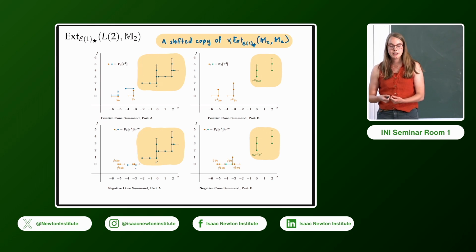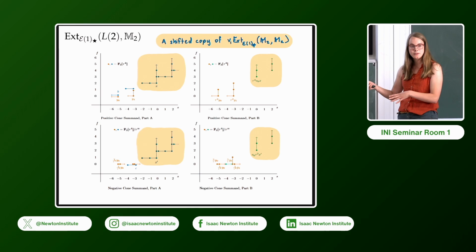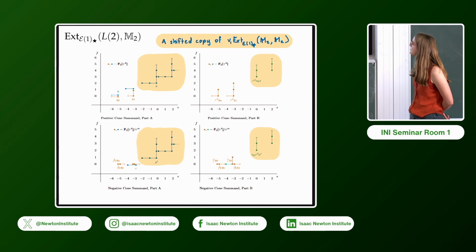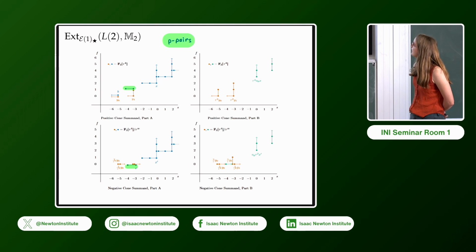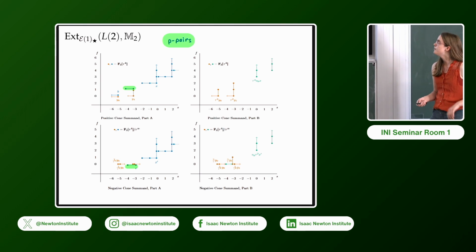There's a shifted copy of B1 times x over e of 1, at least in the positive cone. The negative cone part is technically a submodule. And there are also row pairs where you can multiply by row as well.